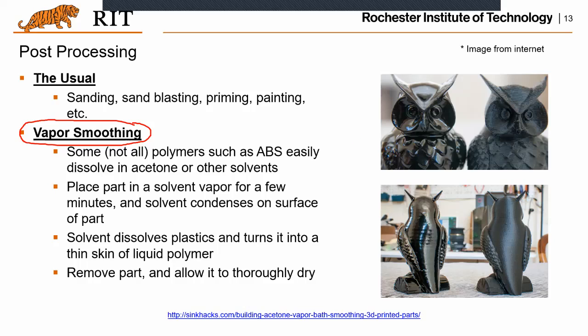The solvent dissolves some of the plastic and turns it into thin skins of liquid polymer. After a little time to dry out, you end up with a smoothed surface like this. But again, that's only for some types of polymers such as ABS, but not for PLA. All right.